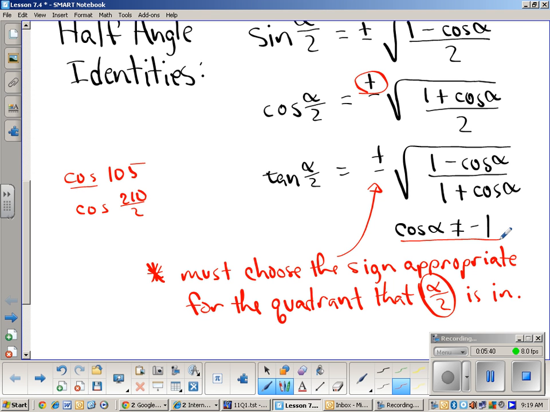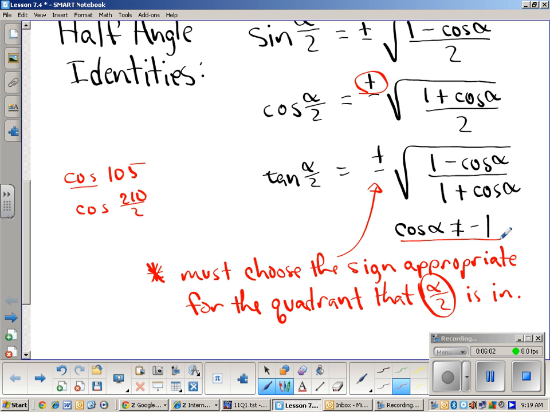What's it say in the denominator of the tangent half angle identity? 1 plus cosine. So if cosine is equal to negative 1, what's 1 plus negative 1? 0.